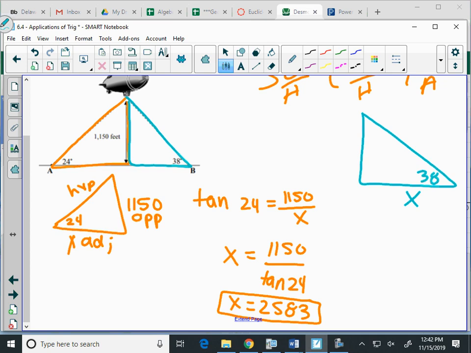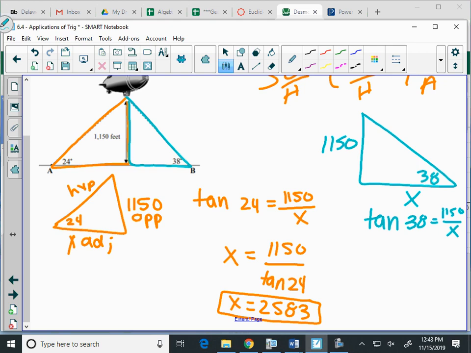So when we have these double triangle problems, the shortcut is, if this was the tangent, this is also going to be tangent. But instead of putting 24, we're going to put 38. And that ratio is going to be exactly the same. Saves you a little bit of time and headache.